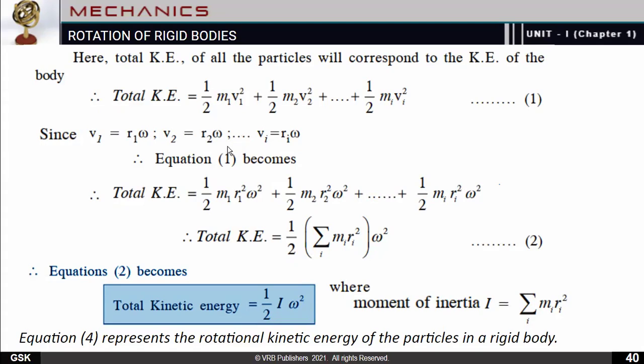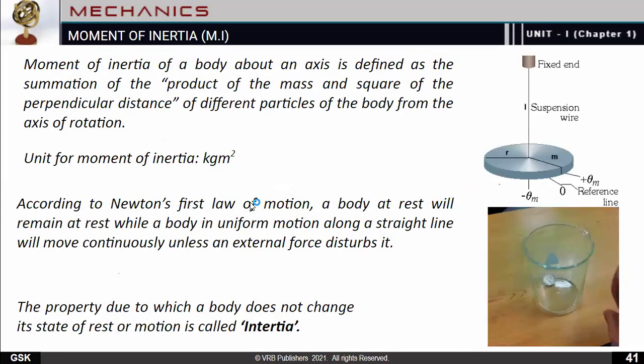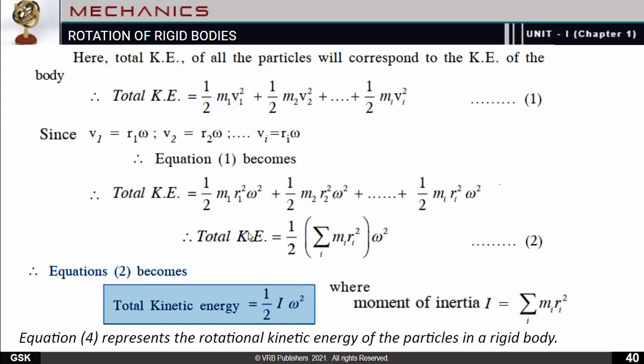So now equation 1 becomes, we have to replace the v1 value and v2 value in this equation. Total kinetic energy is half m1, instead of v1 we put r1 omega, the whole squared, so it can be written as half m1 r1 squared omega squared plus half m2 r2 squared omega squared and so on, and finally half mi ri squared omega squared.